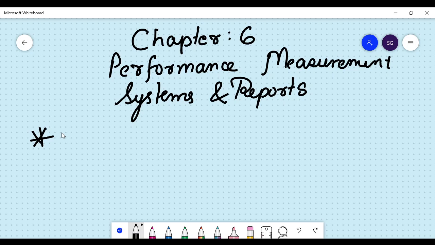We start with the first topic, which is MIS or Management Information System.